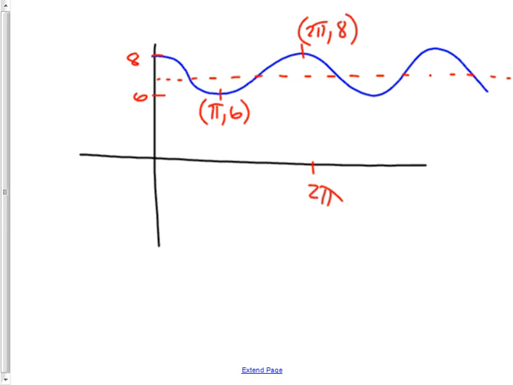Do you get that the dotted line then is exactly between them at 7? All right, then write me an equation for this. Do you get that you know the amplitude? And we'll use cosine. Do you get that you know whether the period has changed or not?